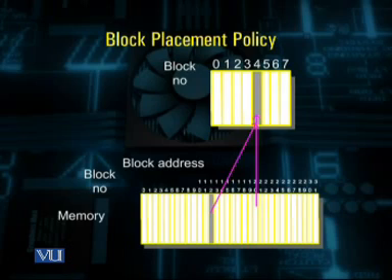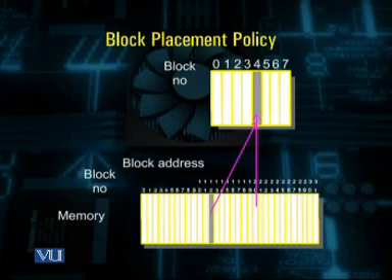Considering our previous example, here you can see that the block number 12 or block number 20 of the main memory can be placed at location 4 in the cache having 8 blocks. This is because 12 mod 8 is equal to 4, where 8 is the number of blocks in the direct map cache.